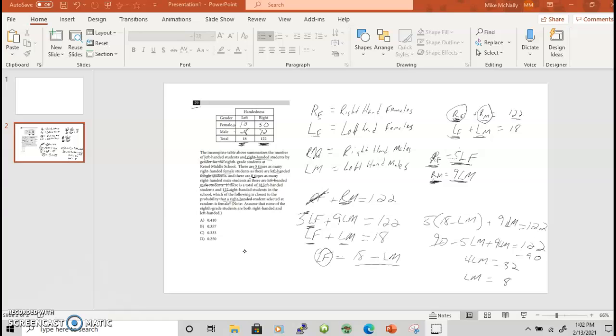And we've got 50 right-handed females, 72 males for a total of 122. The question is, what's the percentage or probability that a right-handed student selected at random is female? Well, there's 122 total right-handed students that we're picking from, and there are 50 females, so 50 divided by 122 gives you about a 0.41 probability. Pretty tough question.